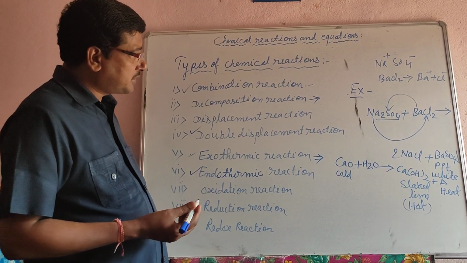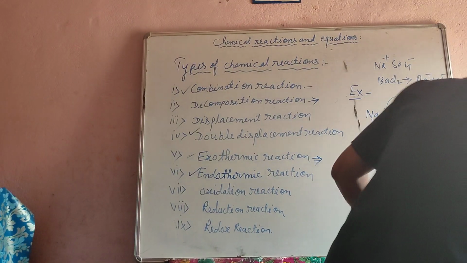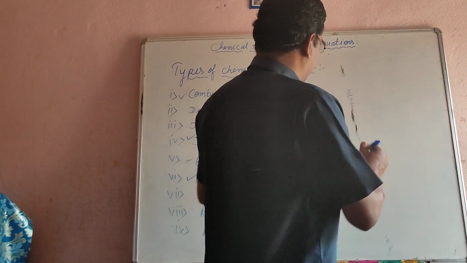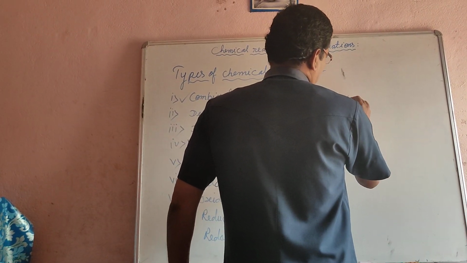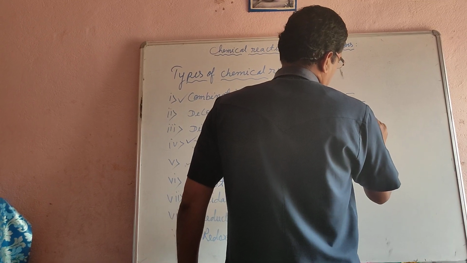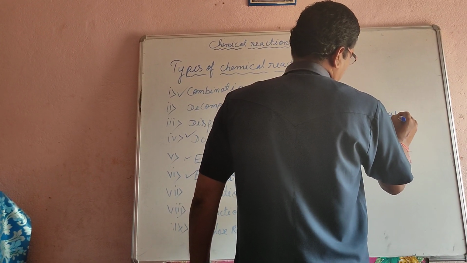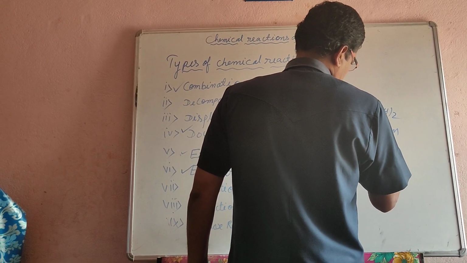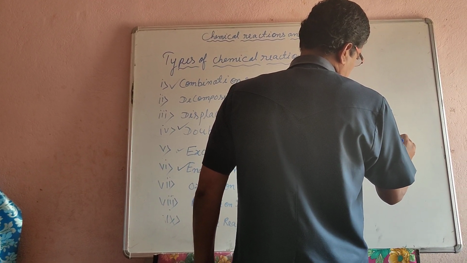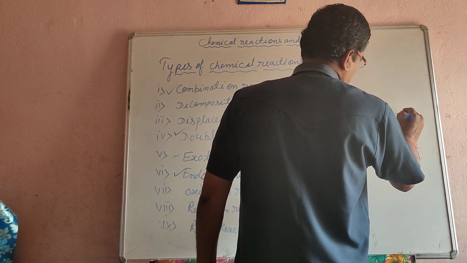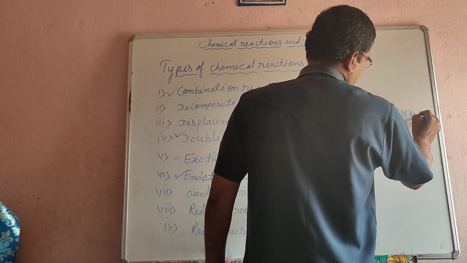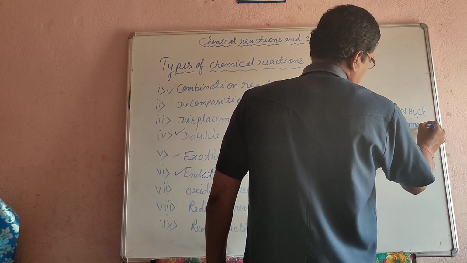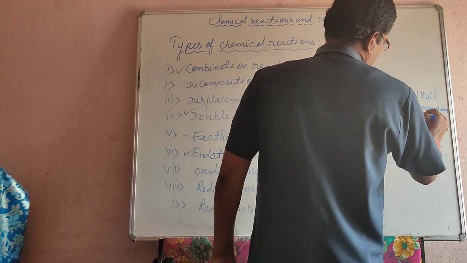Similarly, let me tell you another example also given in your textbook, that when you take barium hydroxide and react it with ammonium chloride, NH4Cl, you may be aware of that, ammonium chloride.